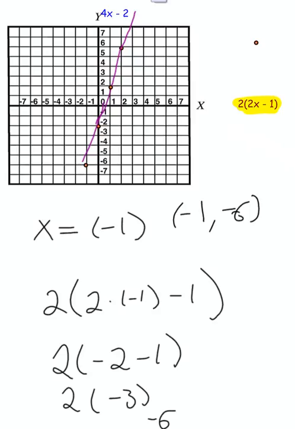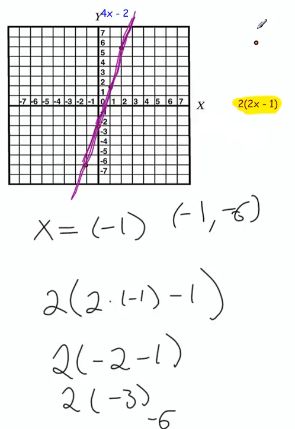And what you'll see is that when we connect these points, they're all lying on the same line. I know it's hard to tell because my line was bad. But what happens when you have two equations that are actually equal to each other, when you graph their solutions, they'll be right on top of each other.